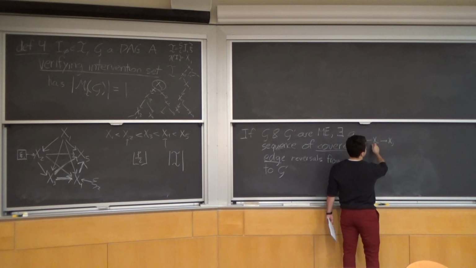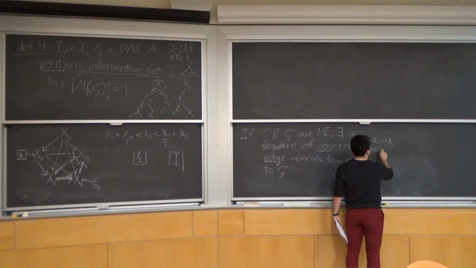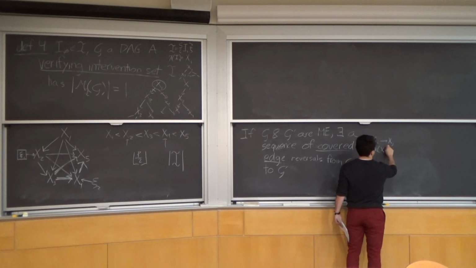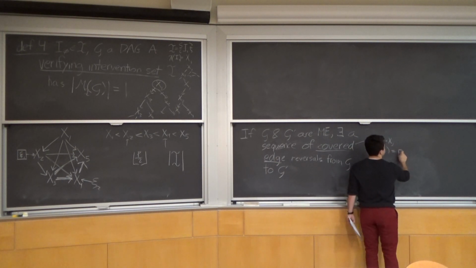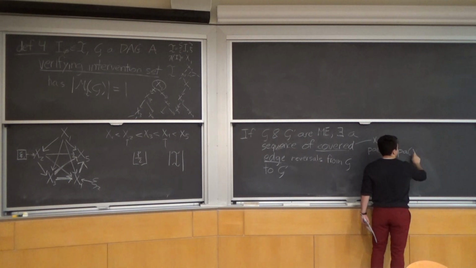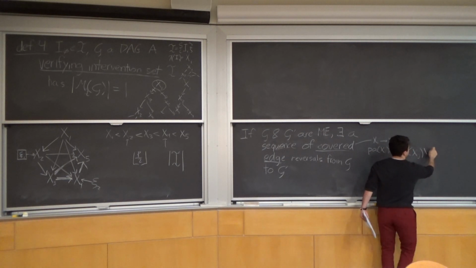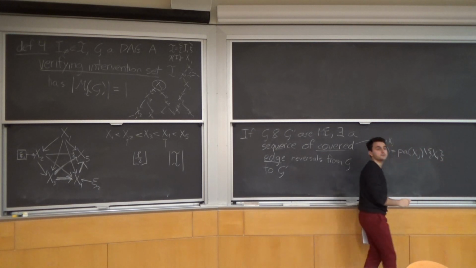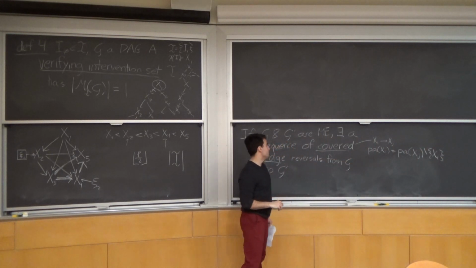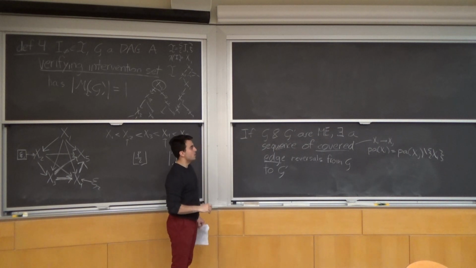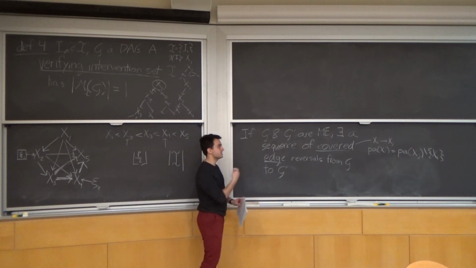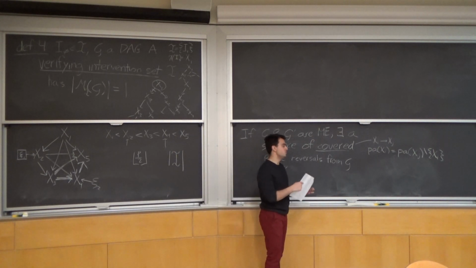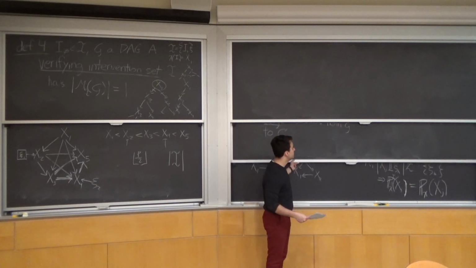So this was an edge xi to xj, where the parents of xi and the parents of xj were essentially the same, except obviously xj has xi as a parent, right? So all we're doing now is extending this statement to the interventional setting once again.